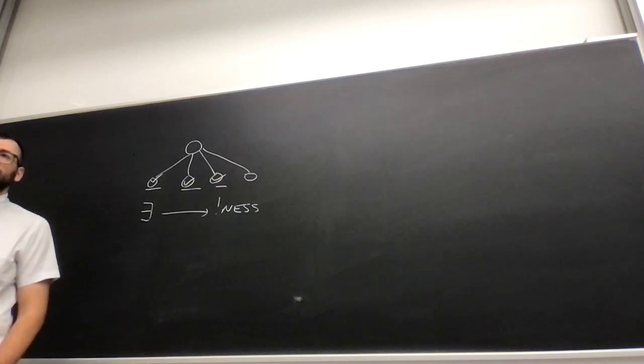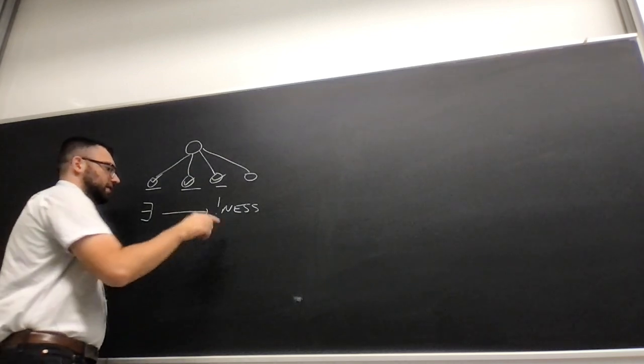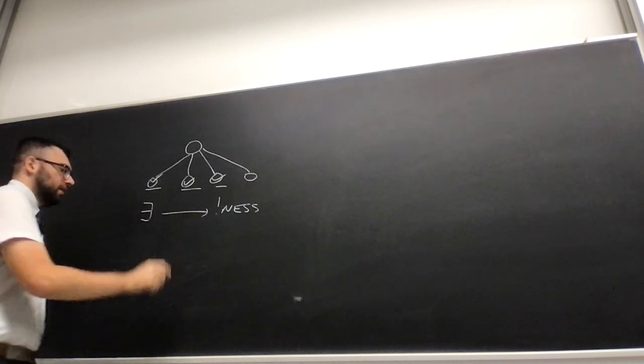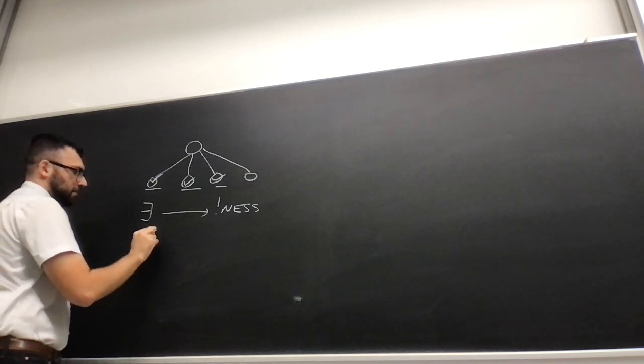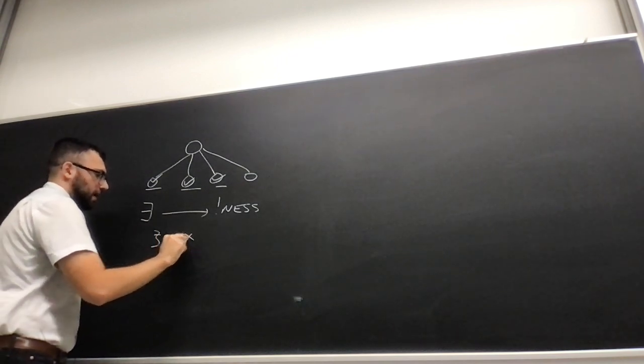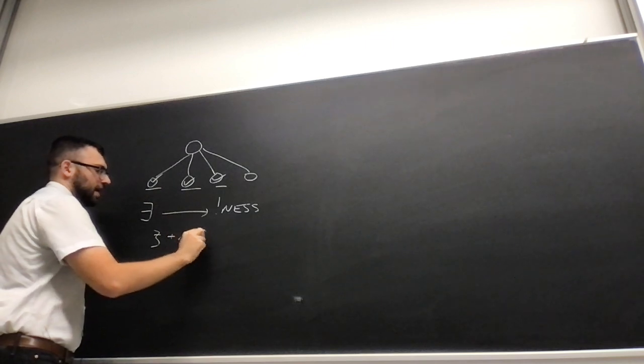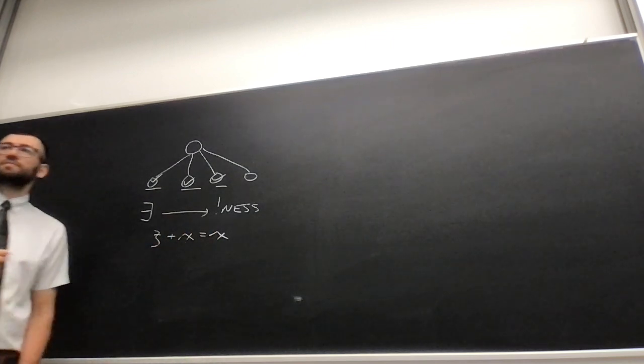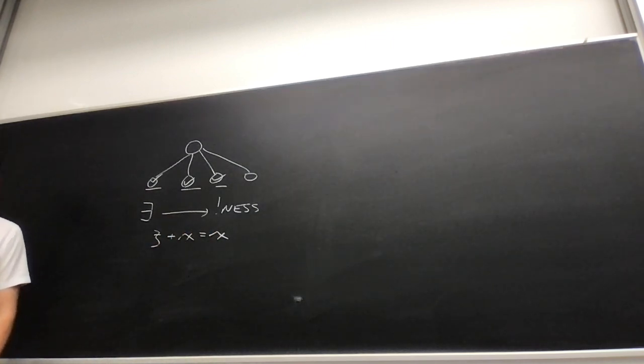Does that make sense? An example of existence and uniqueness might be: is it true that there's a number z such that if you add z to x, you always get x back? Any idea? Is there such a z? 0. Is that the only z? Yes.